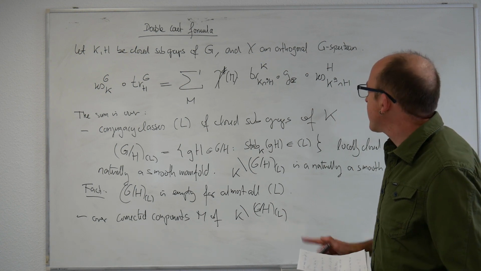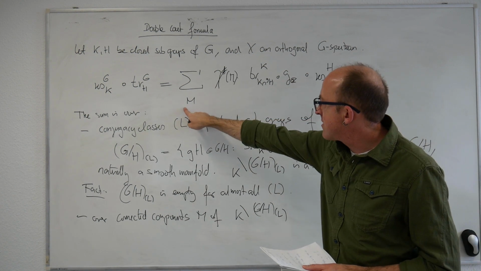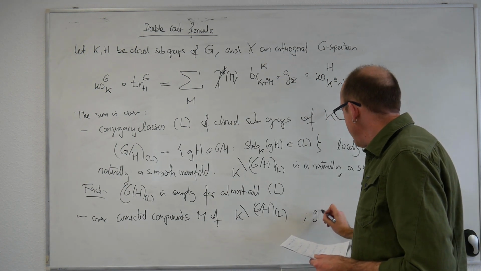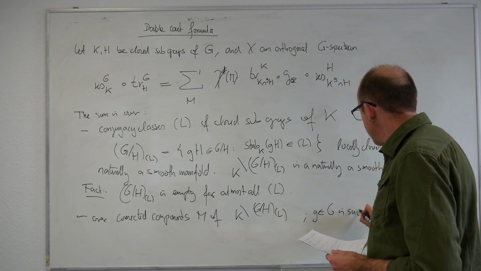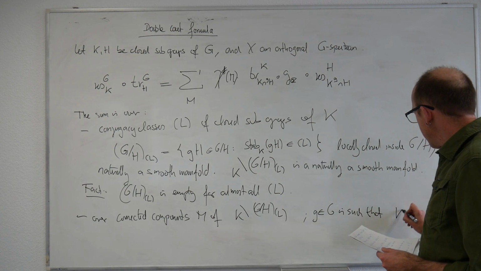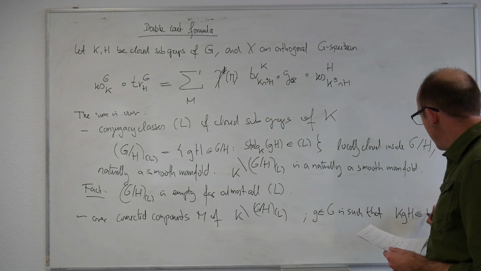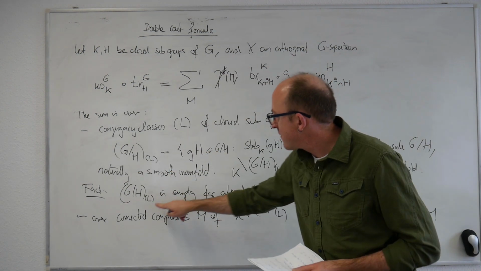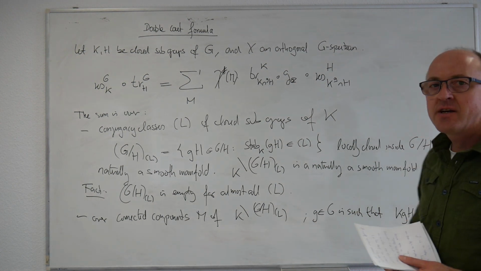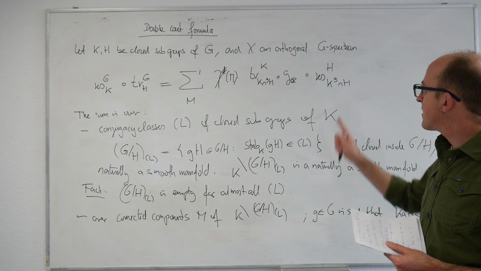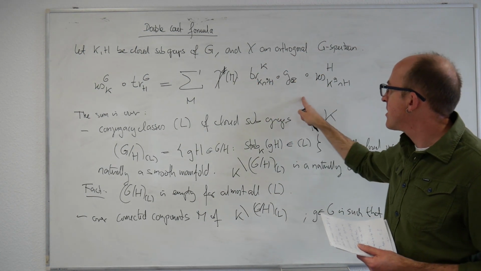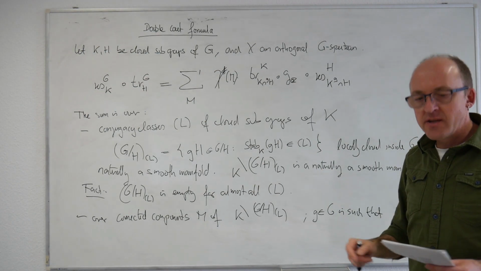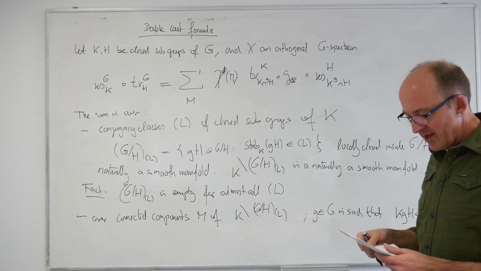So the next thing is this g. This g is really something that depends on M, although this is not apparent from the notation. So the g is such that the double coset KgH belongs to M. So once you run over all L's and then over connected components M of this, then in it you choose some KgH, and again it's a fun exercise to check that the summand, this composite operation here, really only depends on the connected component M and not on the representative g that you choose for the double coset that lies inside of this.